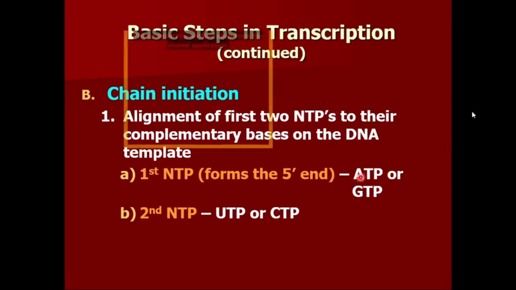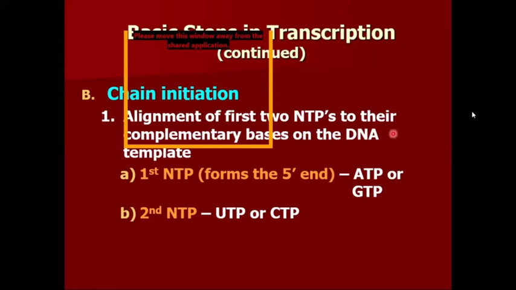Okay? Now, if in the DNA template you have cytosine, what will you incorporate at the 5' end? Guanosine monophosphate. Okay? Now, then the second NTP follows. Let's say that the second base in the DNA template is adenine.